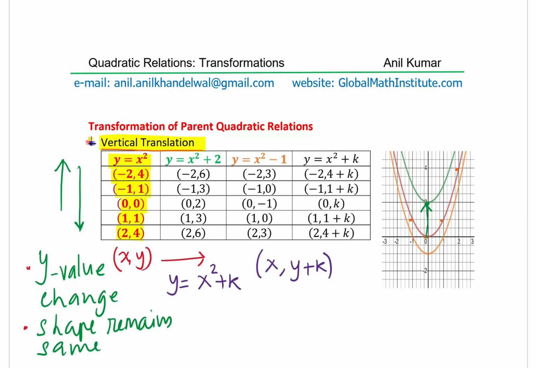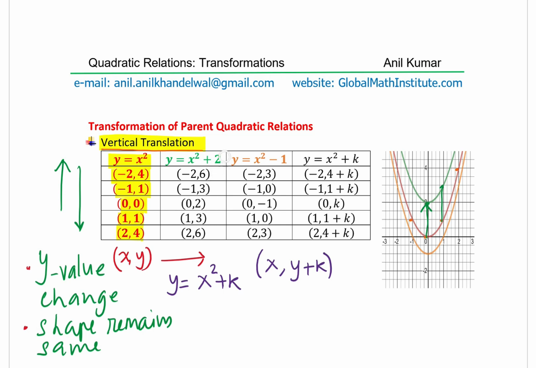The point which was at 1 has moved 2 units up to 3, and the point which was at 2 has moved to 4. You can observe this in the values. So the x values are exactly the same. You can see that the x values are minus 2, minus 1, 0, 1, and 2, but the y values are increased by 2.